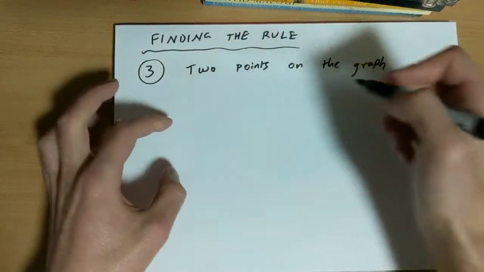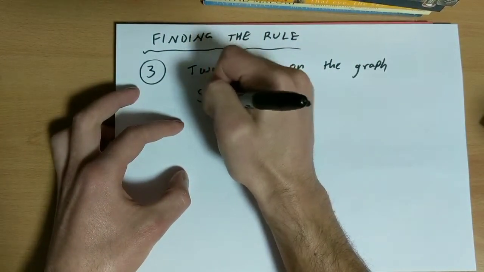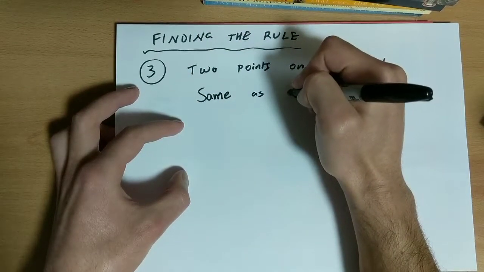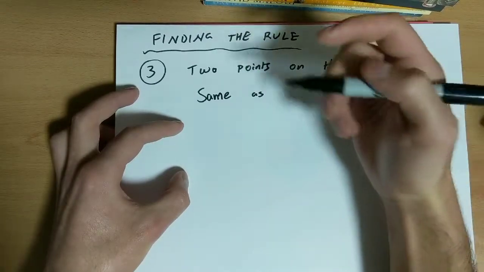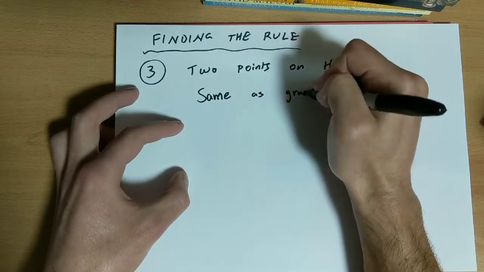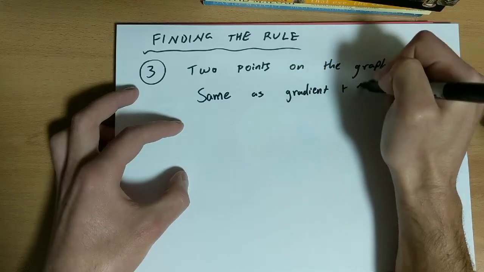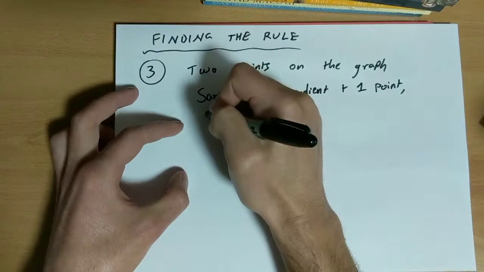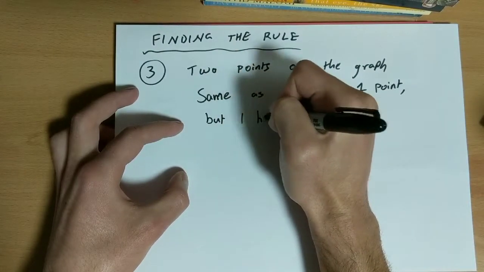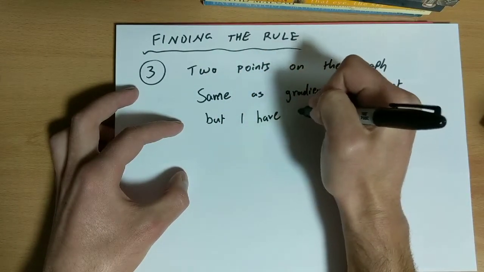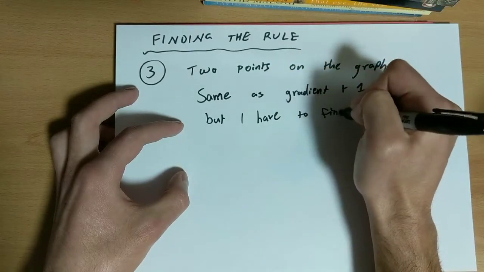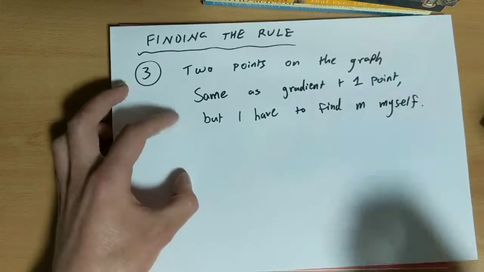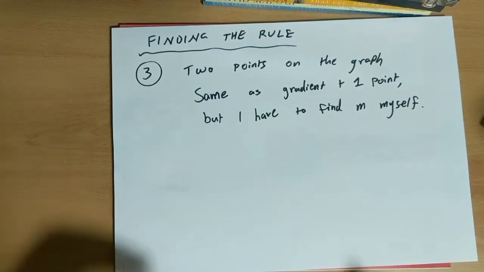I'm going to say that to do this, it's exactly the same as when I have just a gradient and 1 point, except that the only difference is I have to find m first. Okay, so how are we going to do that if we're given 2 points on a graph?